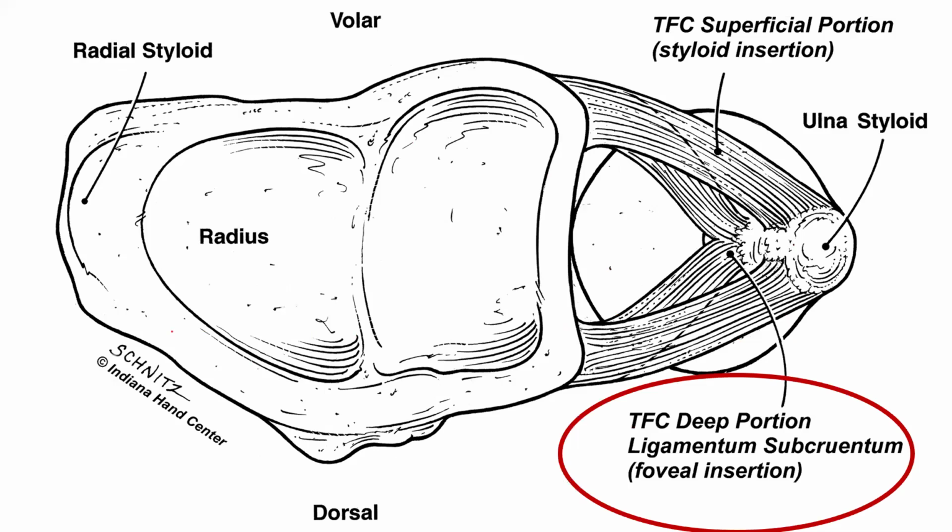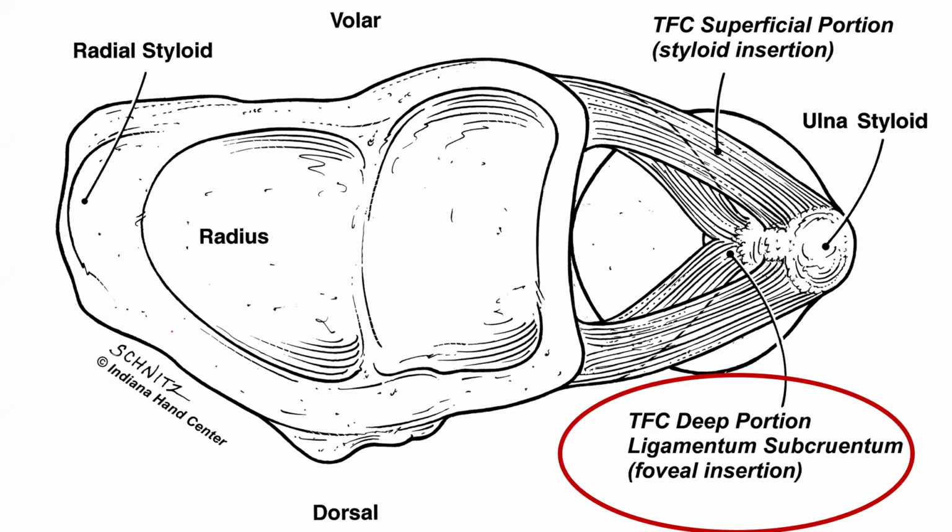You see on the extreme right, you have the ulnar styloid process. On the superficial portion, you can see the triangular fibrocartilage from both sides inserting on the fovea of the distal end of the radius.